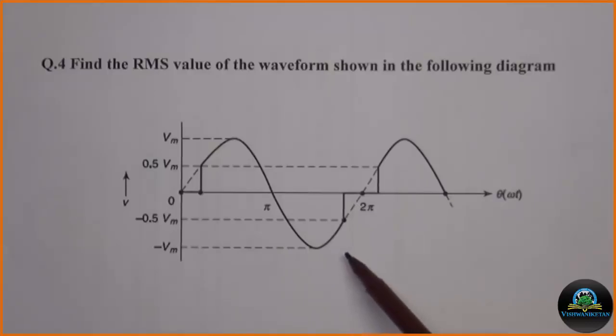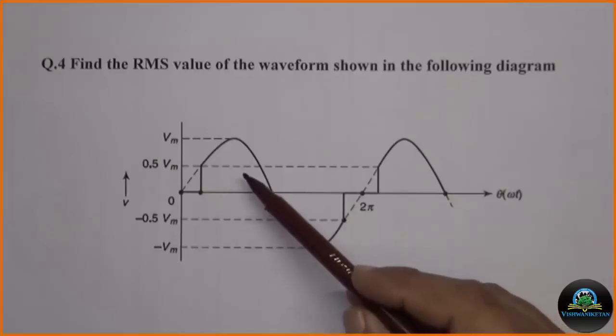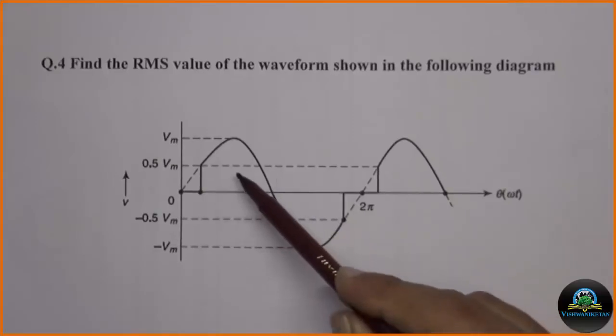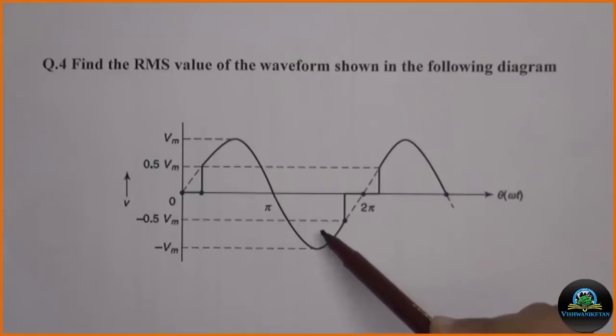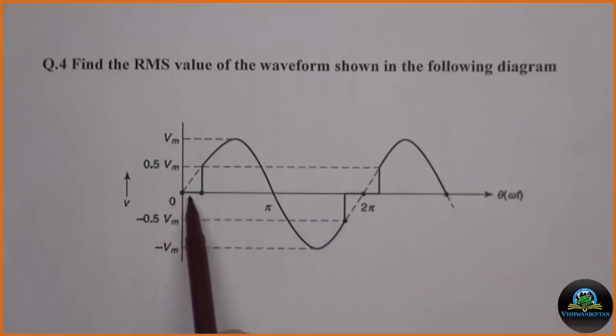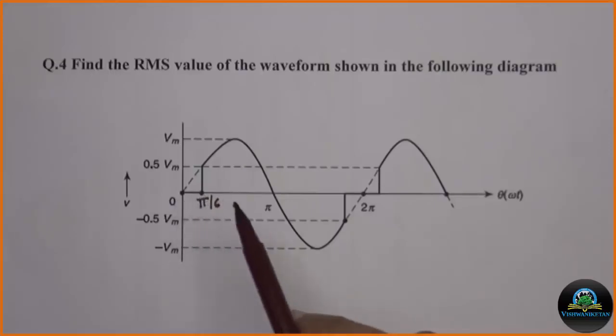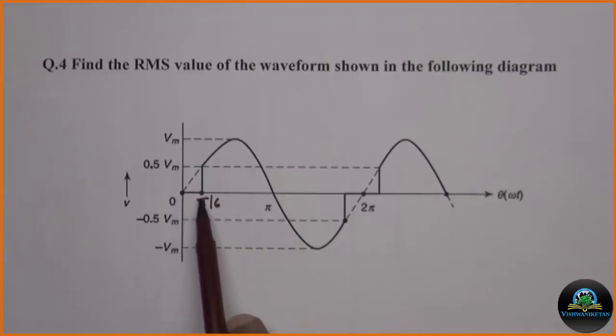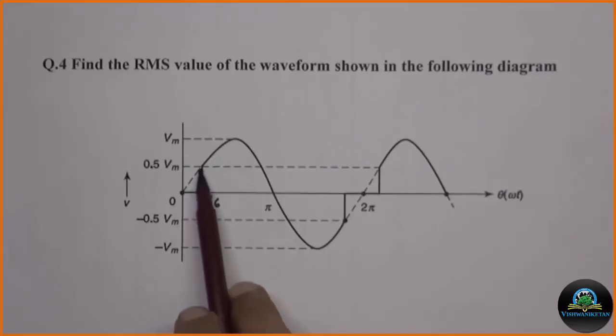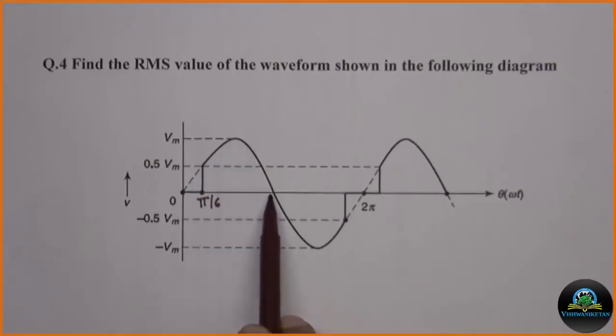If you observe the waveform, it is a sinusoidal waveform. Then also it has two halves, that is positive half and negative half. For positive half, from 0 to pi by 6, the waveform has 0 value. At pi by 6, it starts increasing and behaves as a sinusoidal waveform.